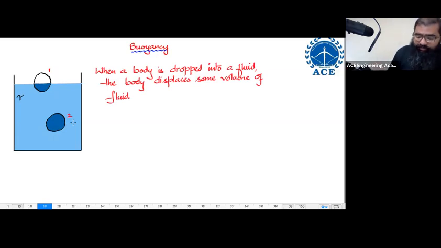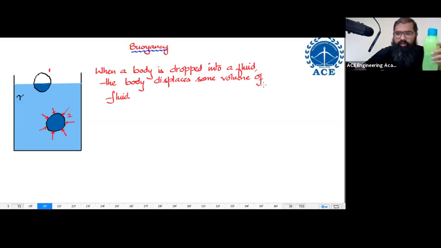The moment the body displaces some volume of fluid, there are going to be hydrostatic pressure intensities acting everywhere. Think logically now. Imagine the hydrostatic pressure intensities enveloping, that is, encapsulating completely, this body.